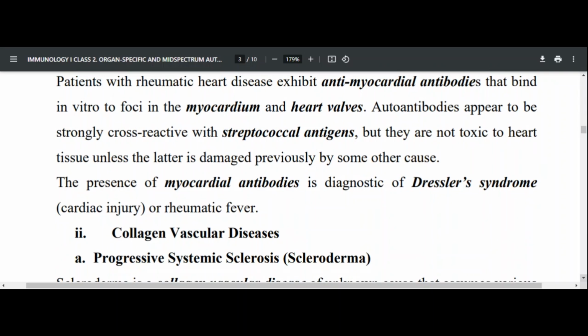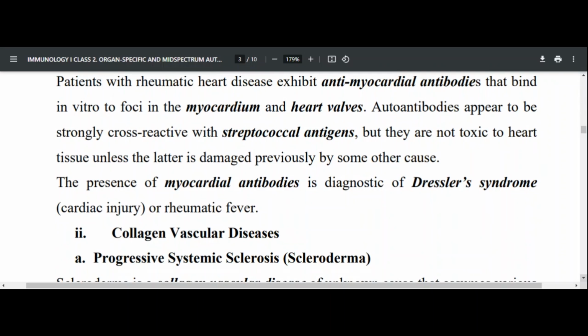So these are the kind of antibodies you need to understand, the type of antibodies you are able to find in a particular autoimmune disease, and even cellular involvement if there is any, because sometimes there is no cellular involvement. But if there is cellular involvement, then you should also understand that mechanism.